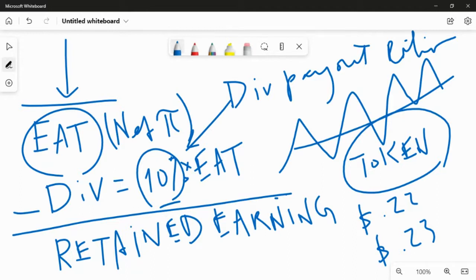Based on that forecast, they predetermine the dividend payout ratio.